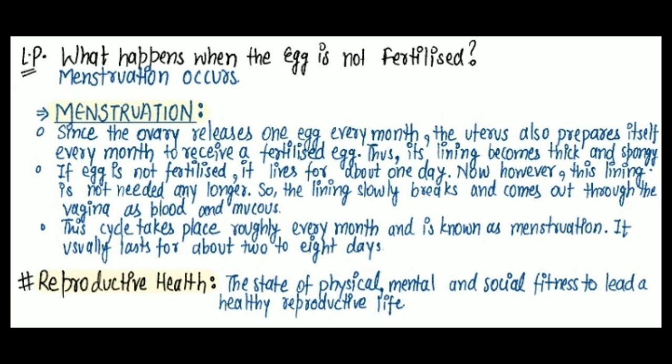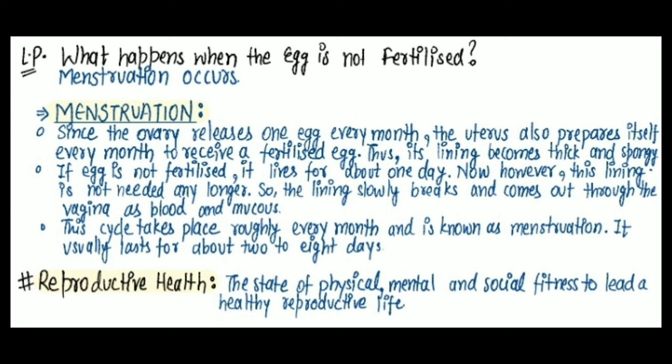So guys, here is an important question. What happens when the egg is not fertilized? Menstruation occurs. So guys, what is menstruation? Since the ovary releases one egg every month, the uterus also prepares itself every month to receive a fertilized egg. Thus, its lining becomes thick and spongy. If the egg is not fertilized, it lives for about one day.